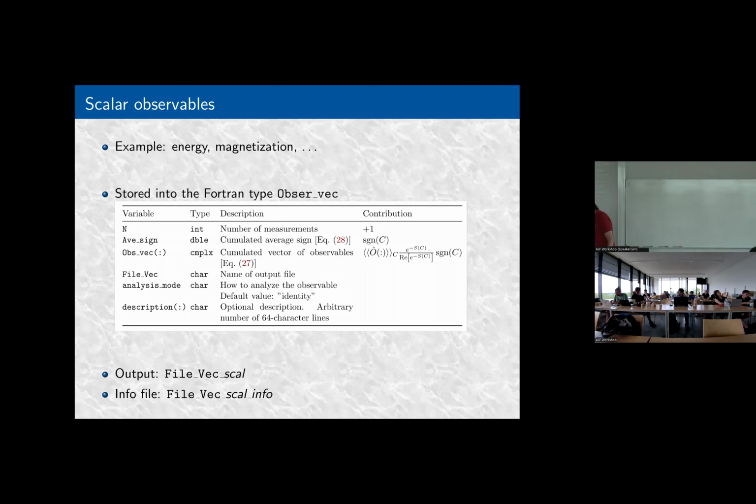Next to the scalar observables, another important class of observables are the equal time correlations. So these are correlations, the two-point function of some observable measured at the same imaginary time, and the two-point function displaced along the lattice. Generically, we can say that we have an index, i minus j, which measures the distance at which this two-point function is computed.